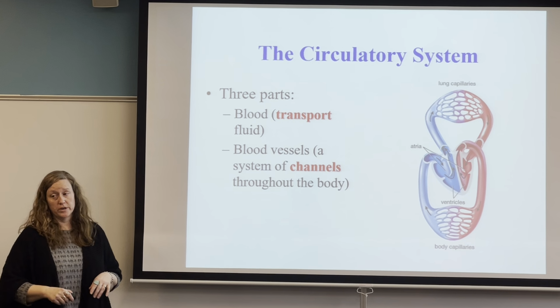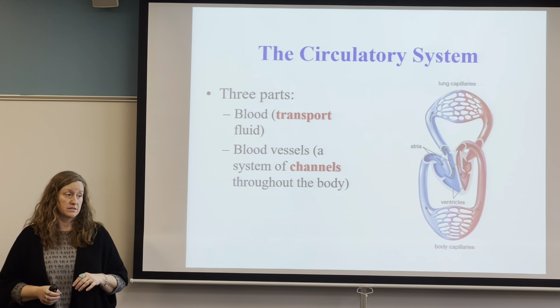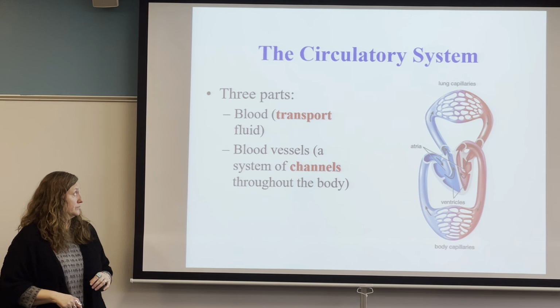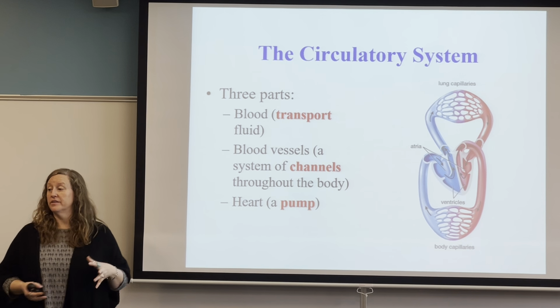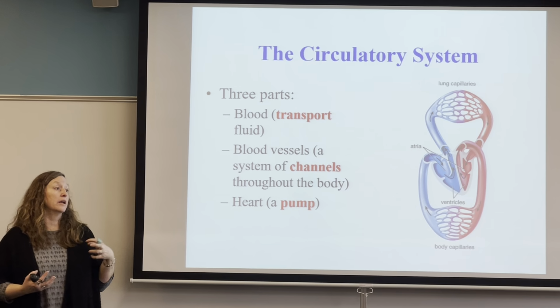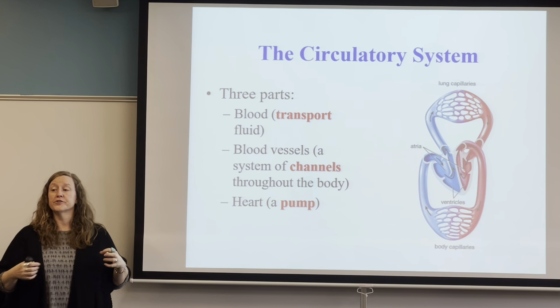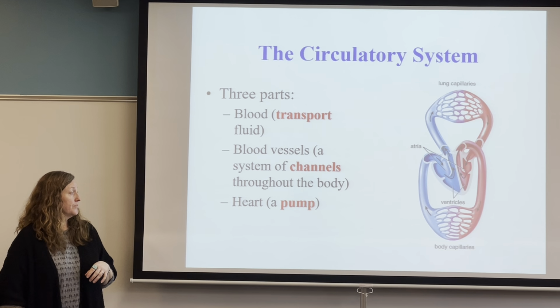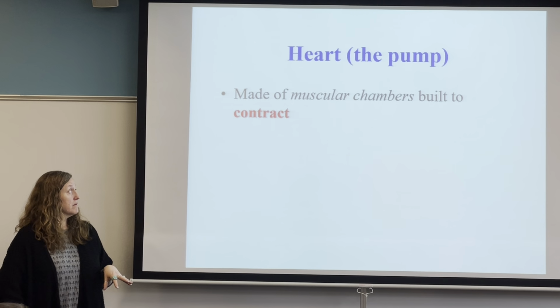And it gets transported through a system of channels or tubes called blood vessels, which we saw in that picture of the head. And you need something to energize all this, to pump it throughout the body. So we have this heart, which pushes the blood throughout the body. So we're going to talk about our heart.